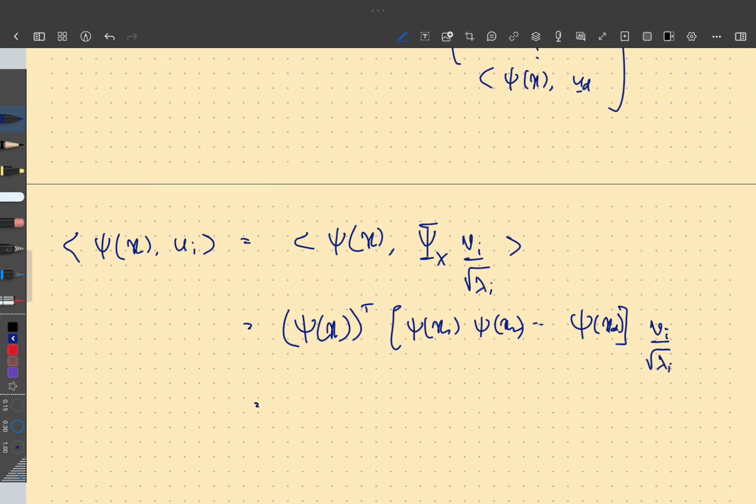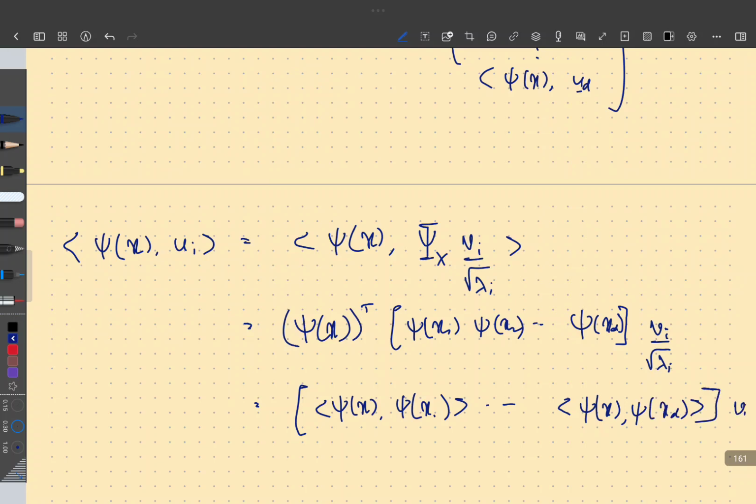Which is this vector of inner products between psi of x and psi of x1, up to psi of x and psi of xd, times vi by root lambda i.